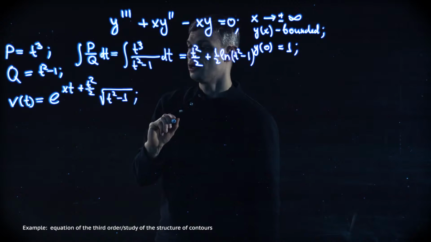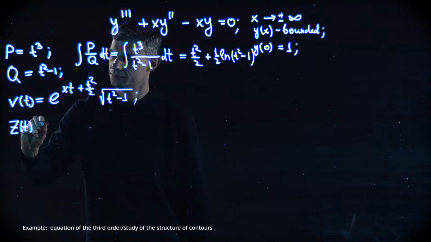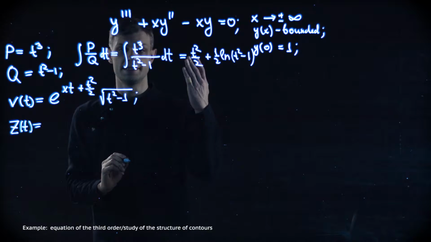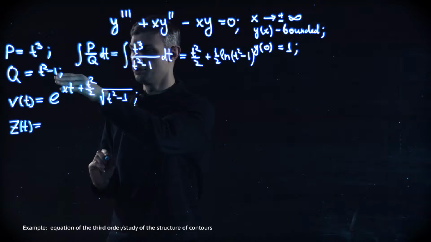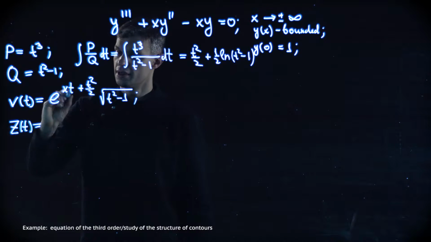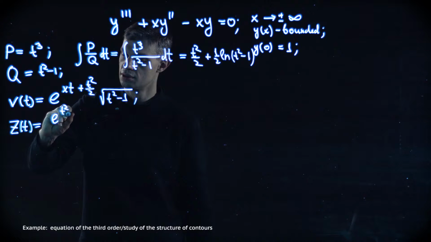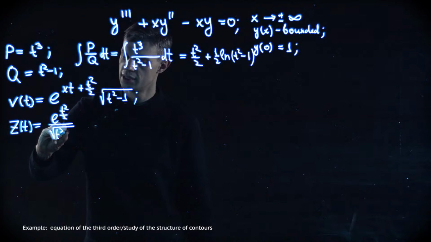Okay, now our z function. Well, again, it's the same kind of expression, but divided by q polynomial, which is here. So the function is e to t squared over 2, this time divided by the square root of t squared minus 1.